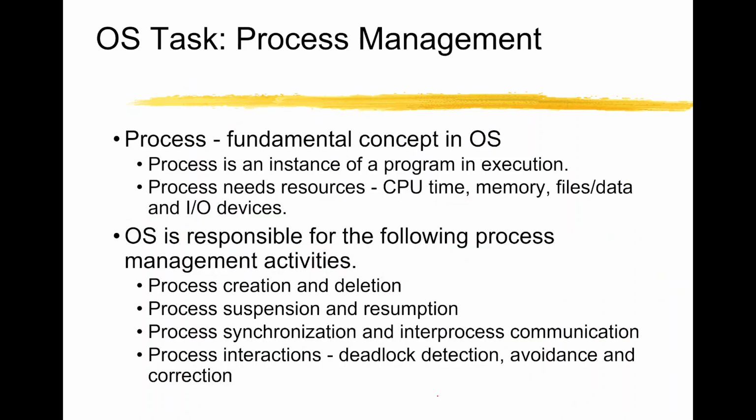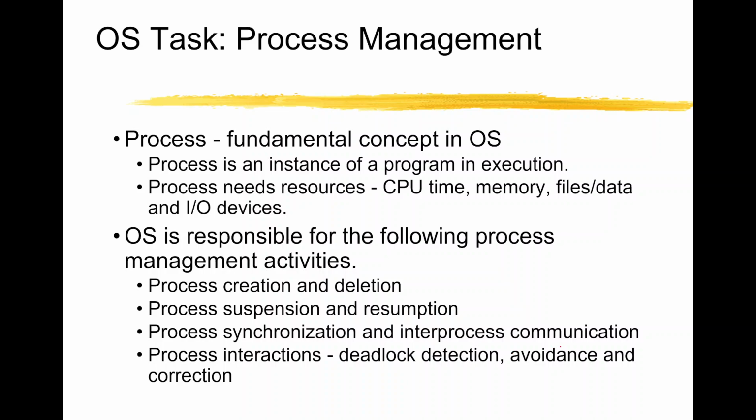Now let's look at the tasks of the operating system. I explained all these at introduction level at a faster rate. But now, one of the tasks of the operating system is process management. Remember, a process is a fundamental concept in operating system.